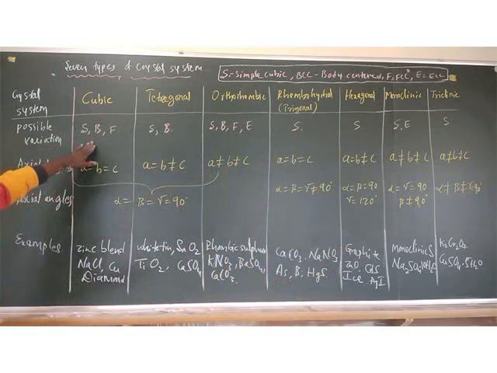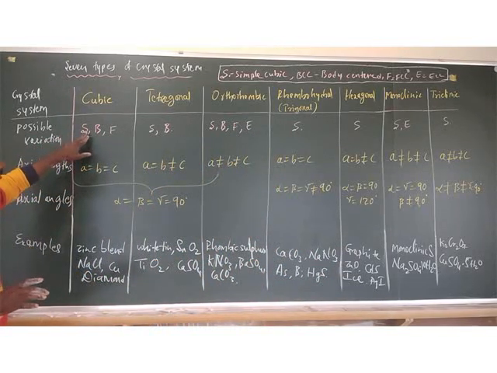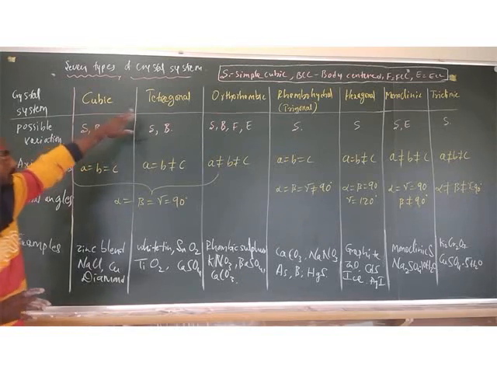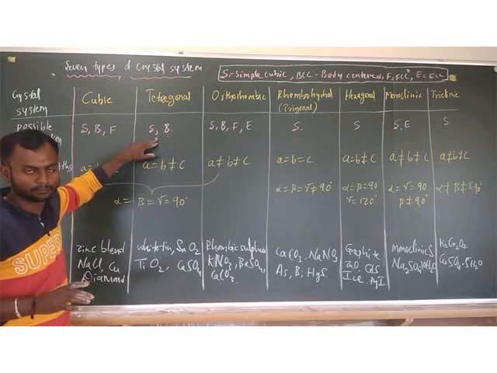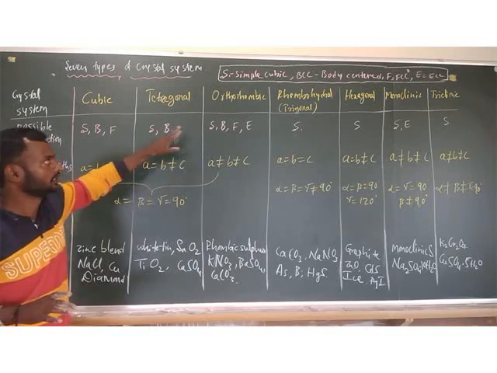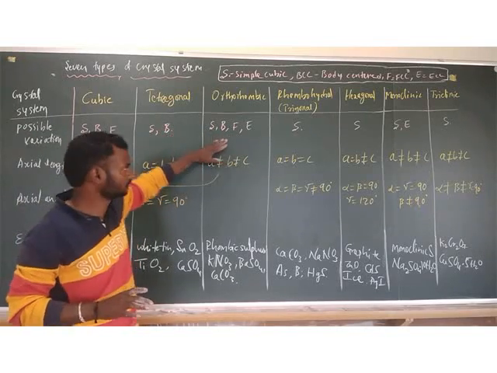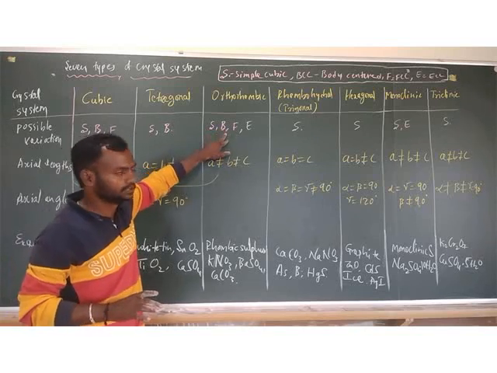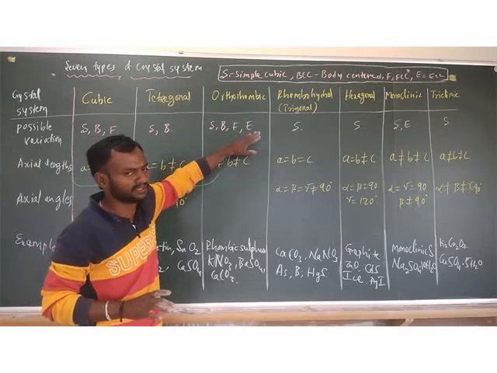So possible variations: in case of cubic there are 3 unit cells, one is the simple, BCC, FCC. In case of tetragonal, simple and only BCC. In case of orthorhombic, simple, BCC, FCC, end centered.